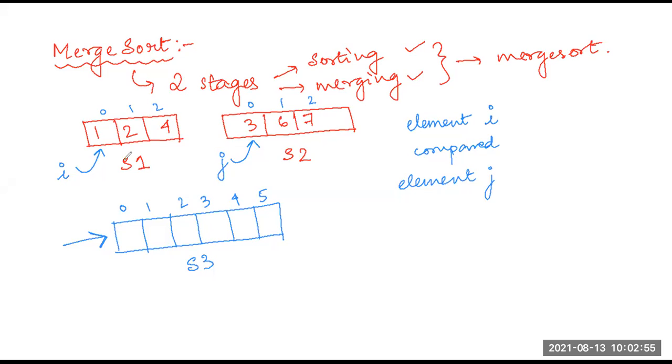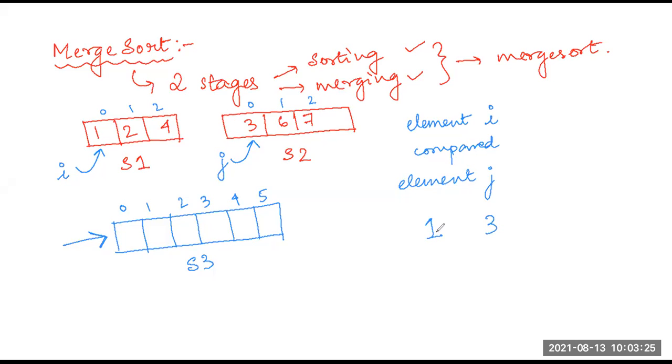Okay. So what happens is, if I am copying the element from S1, then I will increment I for the next stage. And if the element from S2 gets copied over here, J will be incremented. Fine. So let us study. The element at the first position of I is 1 and the element at the first position of J is 3.